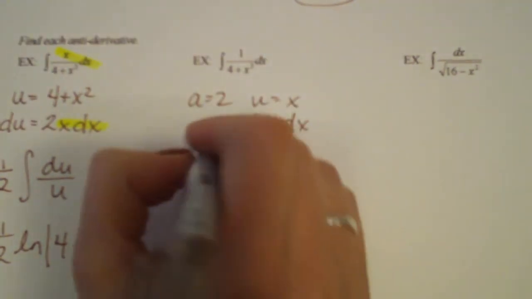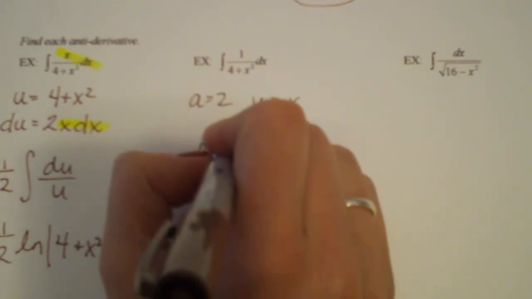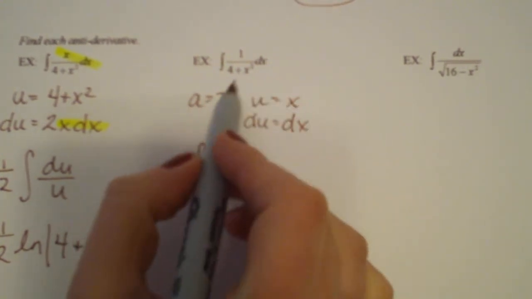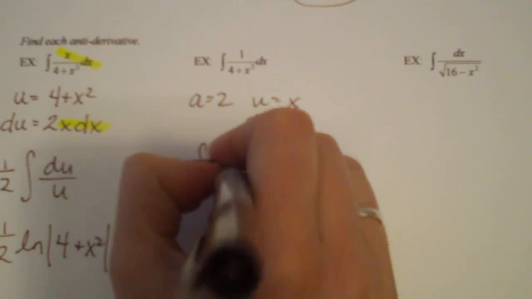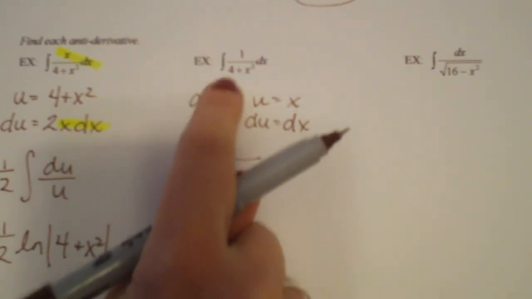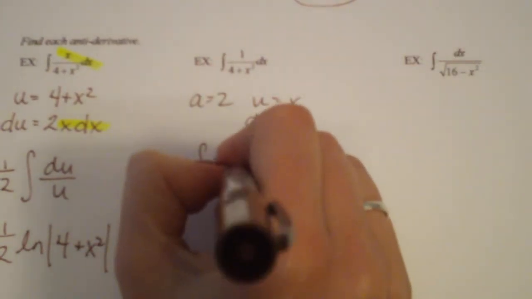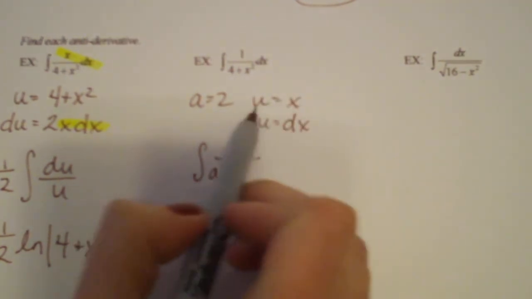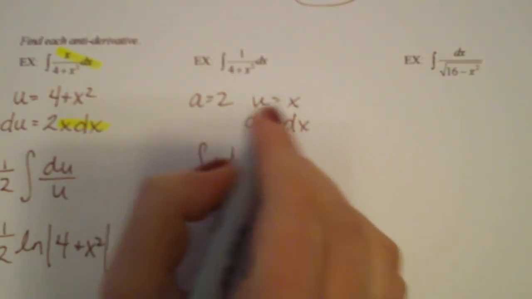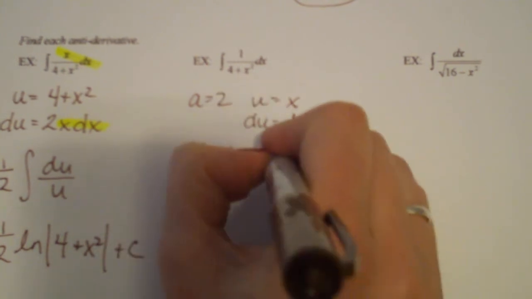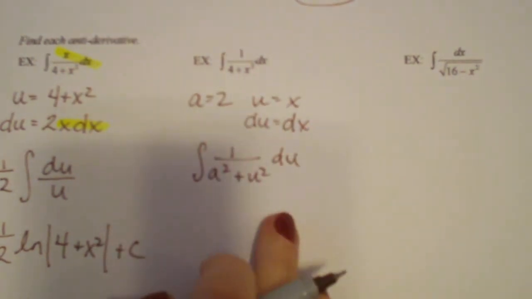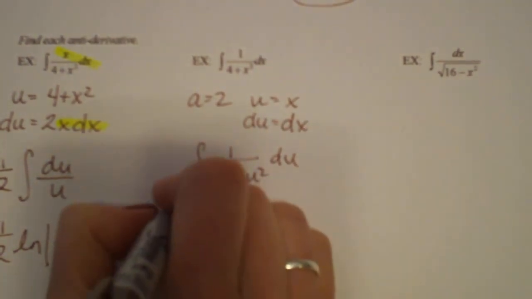So when I rewrite this integral, it's the integral of 1 over a squared, because a is 2 and 2 squared is 4, plus u squared, because u is x and this is x squared, du. And that fits my inverse tan formula exactly.